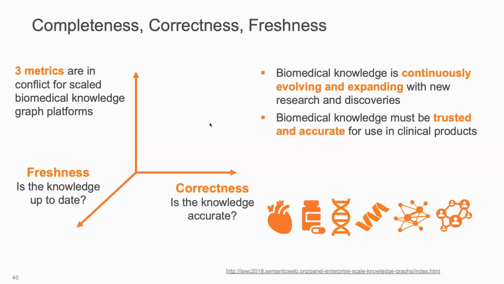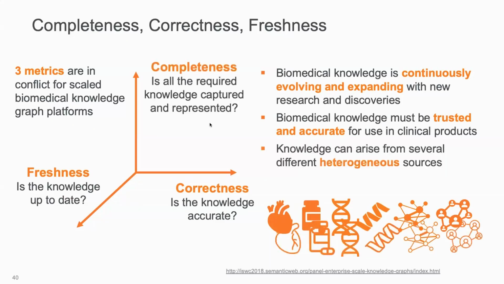Similarly, because you are using biomedical knowledge in biomedical applications, the knowledge must be trustworthy and accurate. So you must always ensure correctness, whether the knowledge graph is correct and the knowledge in it is accurate. And finally, as I mentioned before, biomedical knowledge can arise from several different sources.